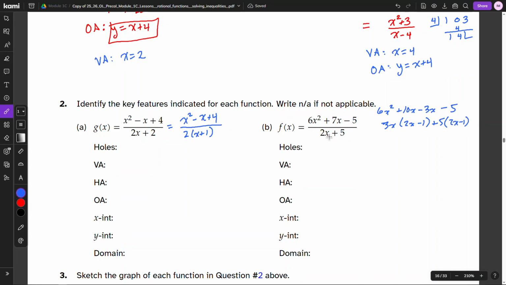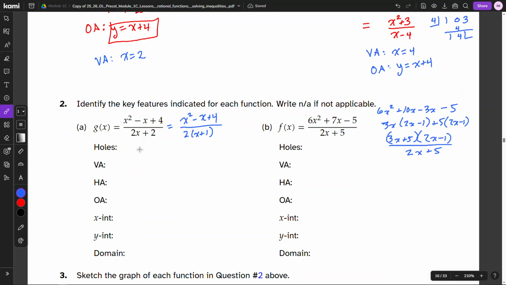And the denominator is 2x plus 5, so this is just going to be 3x plus 5 times 2x minus 1 all over 2x plus 5.